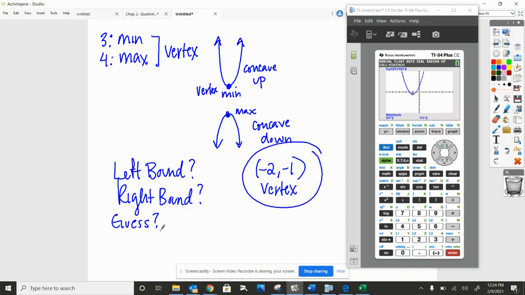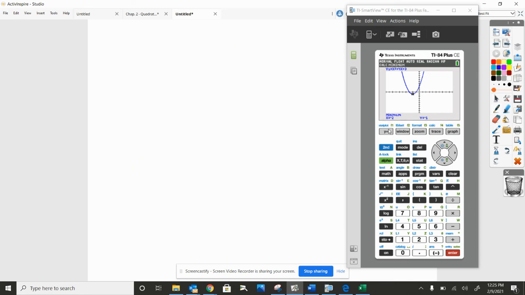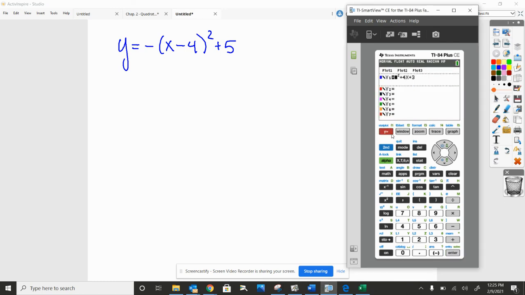Okay, so let's try one more where it's a maximum. So I'm just going to change my page here. Let's use the function y equals negative, and I'm going to put one that's in vertex form here. Okay, there's our function. So the first thing we do is we go to y equals.